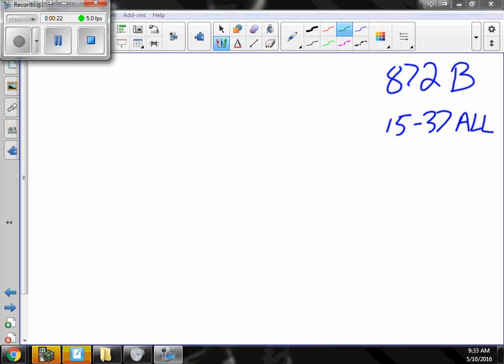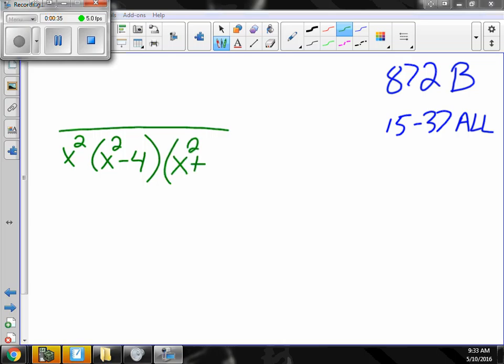So let's say I had a fraction whose denominator was x squared times (x squared minus 4) times (x squared plus 9). How many unique factors does this have?